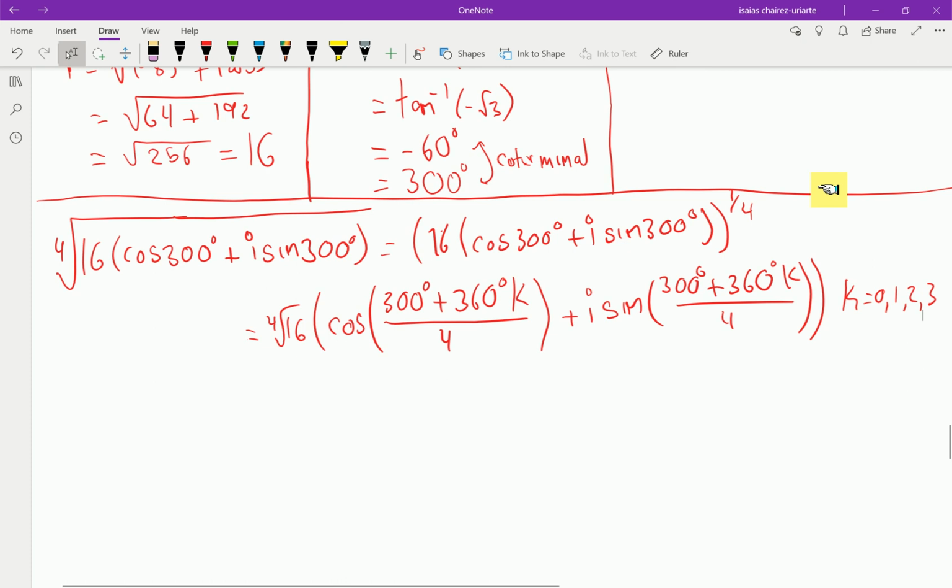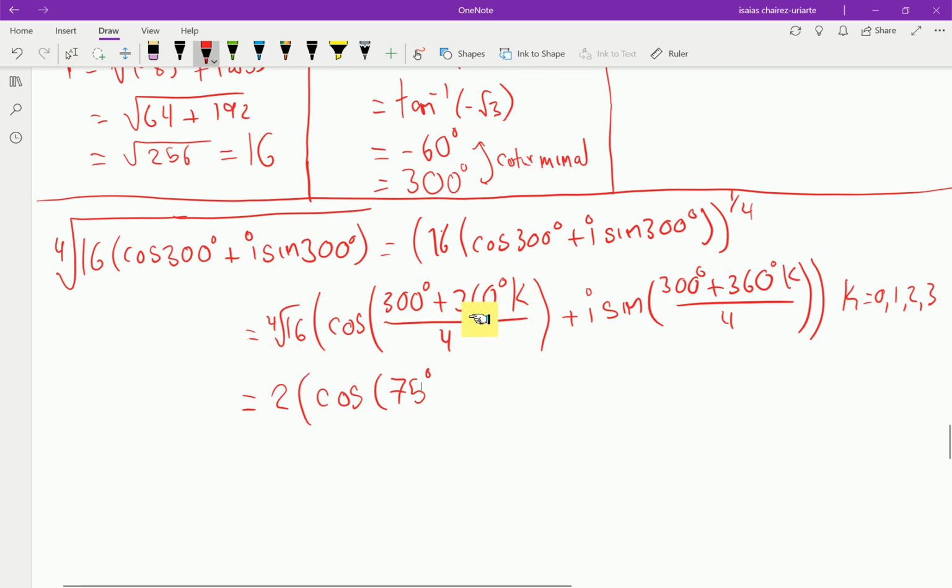Let me just clean this up a little bit. What's the fourth root of 16? Well, the fourth root of 16 is just 2. So this becomes 2. And then this is going to become cosine of, what's 300 divided by 4? 300 divided by 4 becomes 75.